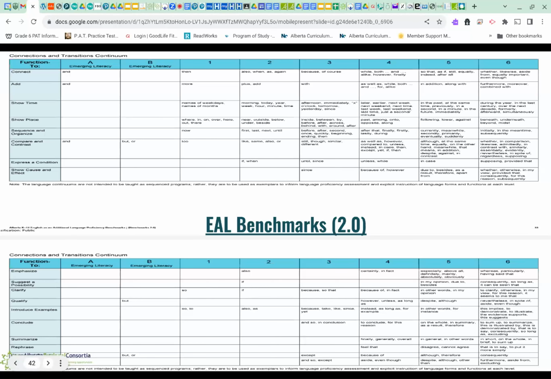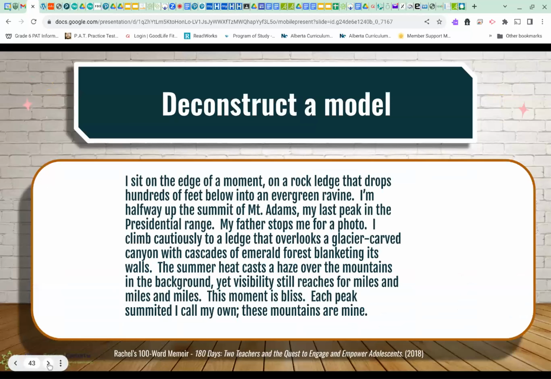And then we'll get you to move to the next one, please. Thanks, Angela. So even looking at a model, like a mentor text, and thinking about the features in the mentor text that you want students to work towards and start implementing in their writing.